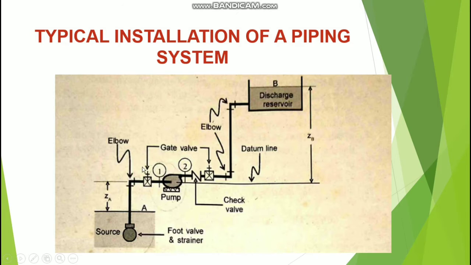Then check valve, ang check valve is one directional pod siya. So mao siya pang safety para di ma-damage ang mga pipelines, pump tungod sa pag-backflow sa tubig. So when we say backflow means mo reverse ang direction sa tubig.